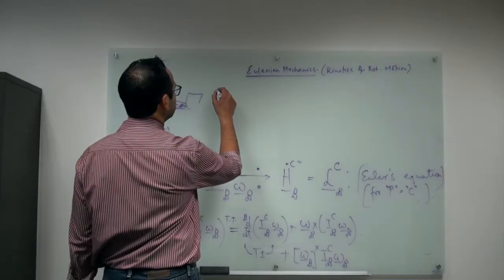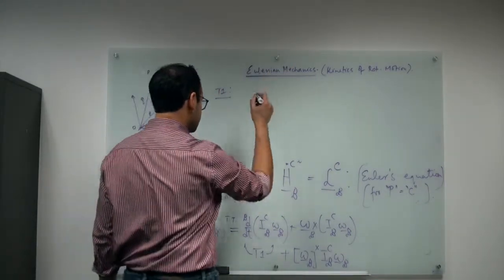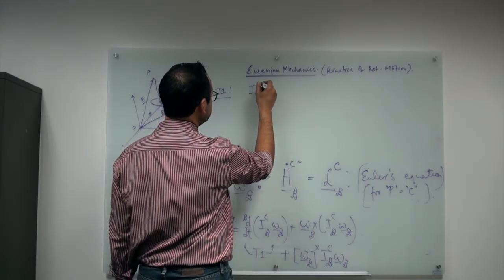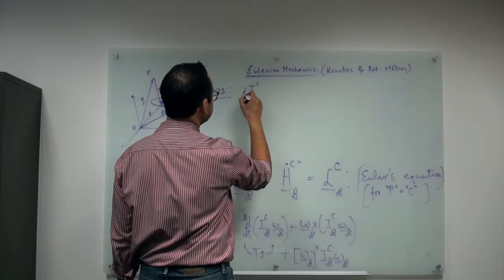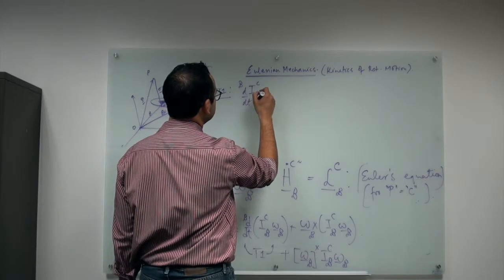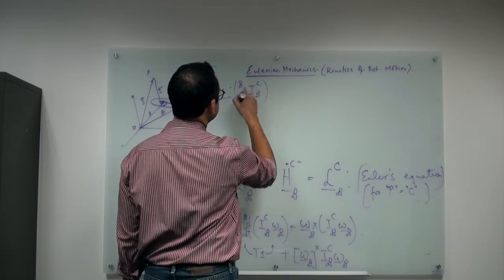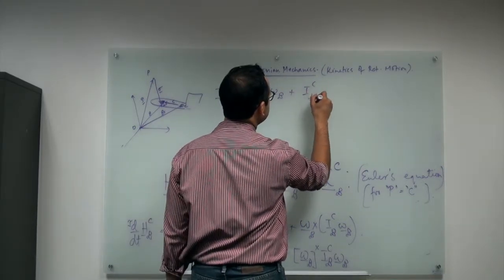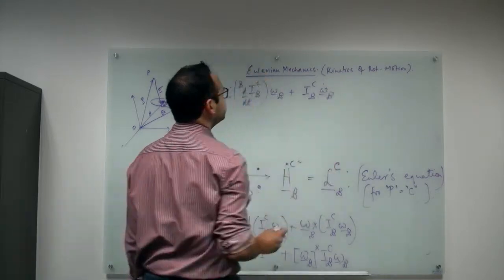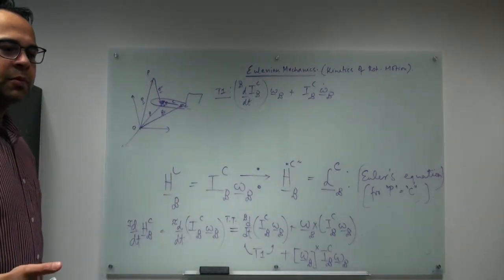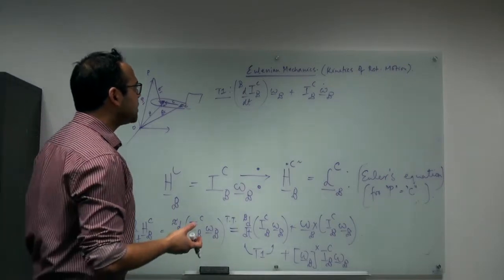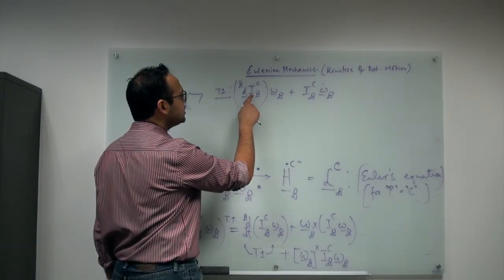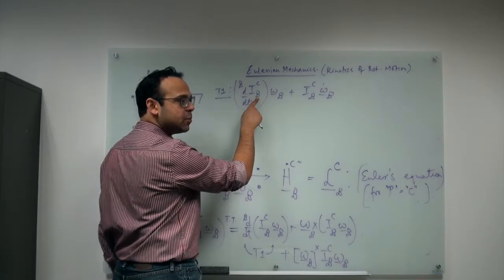Now T1. Apply the chain rule, you get I C body derivative plus I C B. Now here's the important thing. This matrix contains terms that have been expressed in the body frame, right?